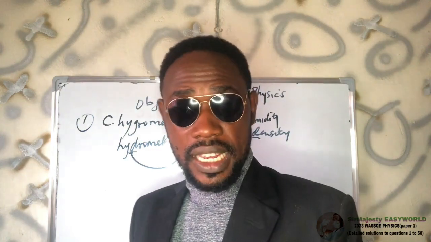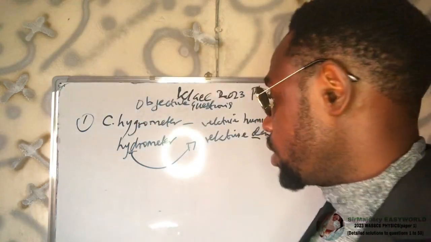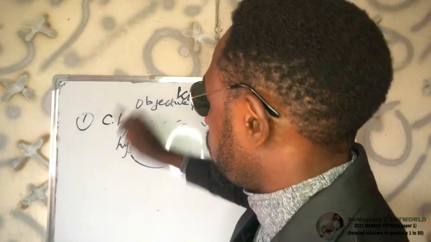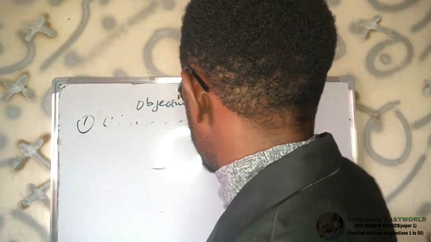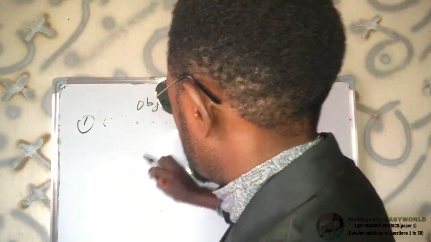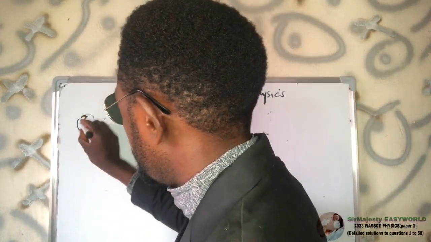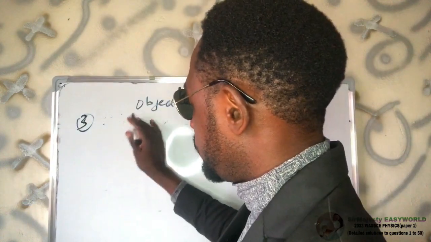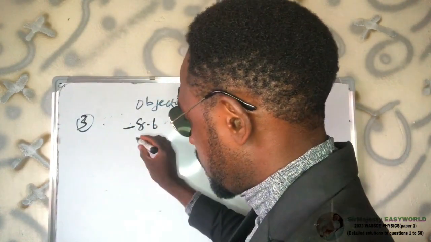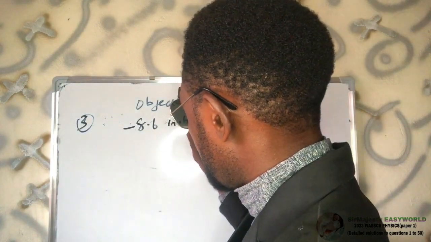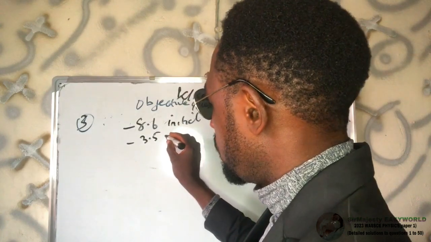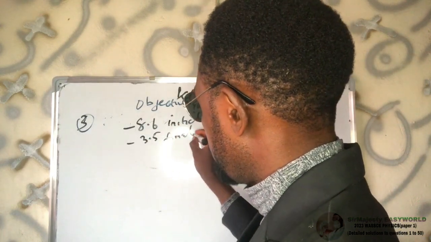So today we are going to deal with higher and lower energy levels. So the total energy absorbed here is going to... let me clean this. We are going to question number 3. We have two energy levels, which is minus 8.6, the initial energy level, and the other one is minus 3.5, which is the final energy level.